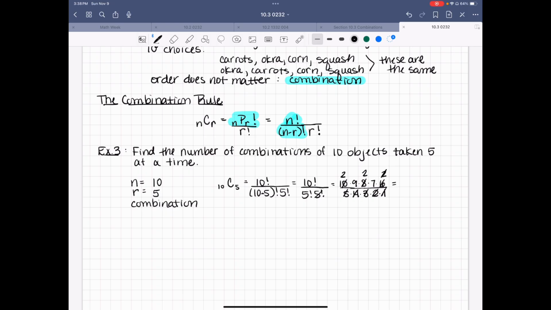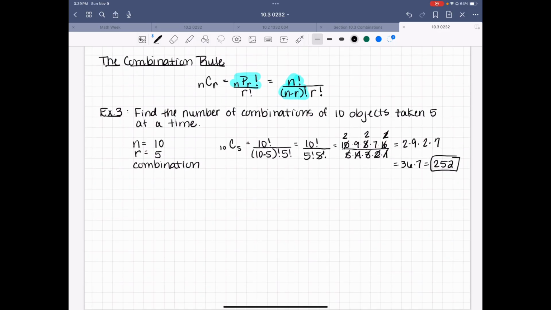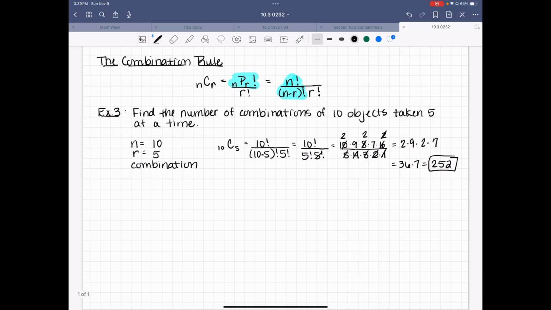So this turns into 2 times 9 times 2 times 7. That's going to give me 36 times 7, which actually is going to equal 252. So the number of combinations of 10 objects taken 5 at a time is 252.